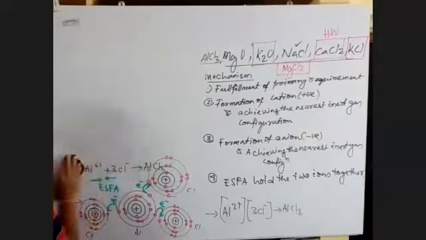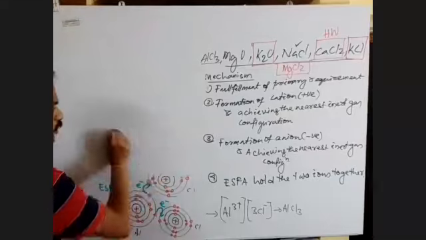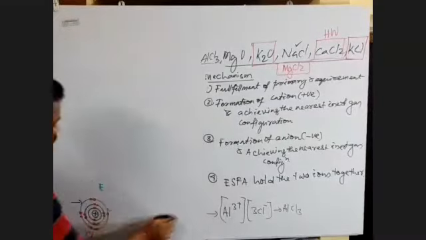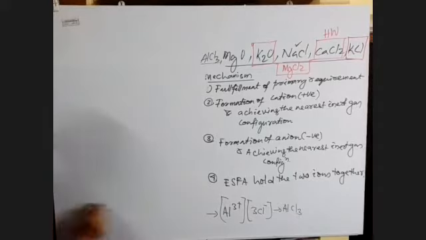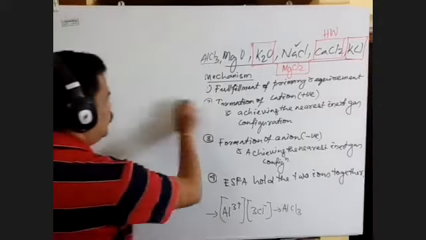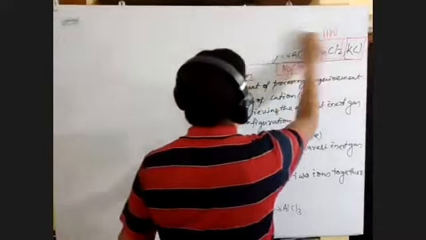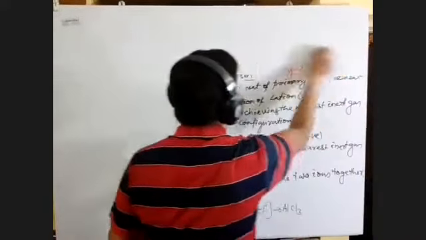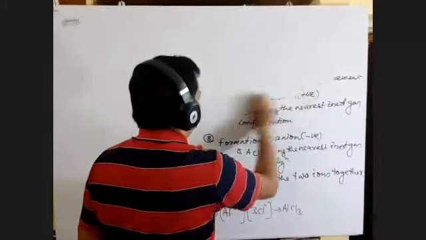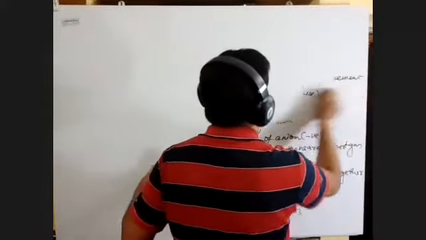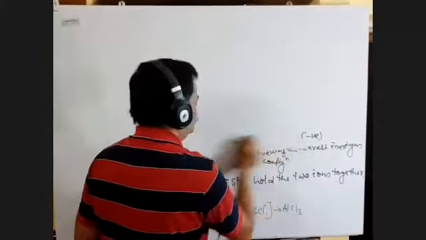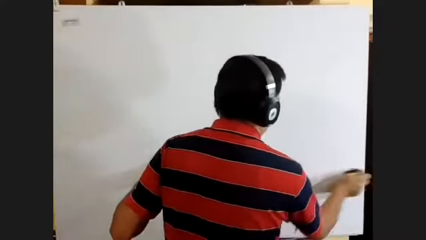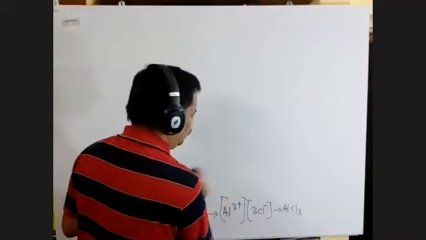Okay. So now the compounds which are formed by ionic bond are called ionic compounds. So what are ionic compounds? The compounds or molecules which are formed by ionic bond are called ionic compounds, such as magnesium oxide, sodium chloride, magnesium chloride, aluminum chloride, potassium chloride, calcium oxide.